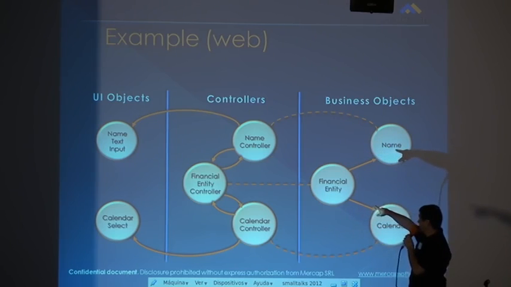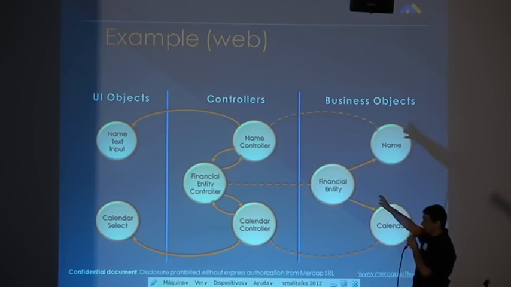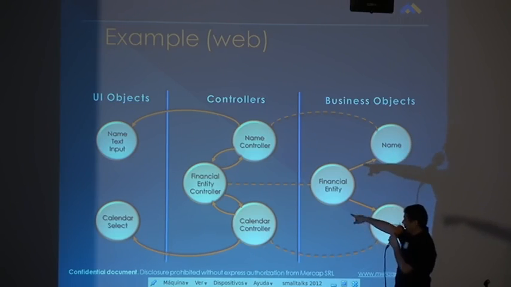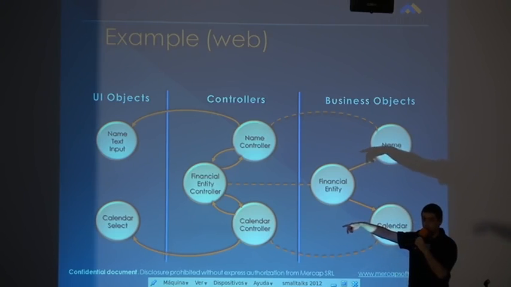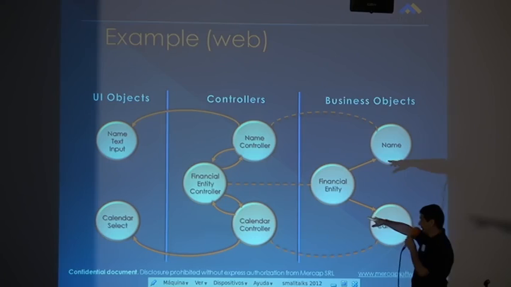Yes, so the name controller, it was a basic controller, yes? So we had to rewrite basic controllers, yes, but composite controllers were useful as they were. Yes, we didn't have to do anything with composite controllers.